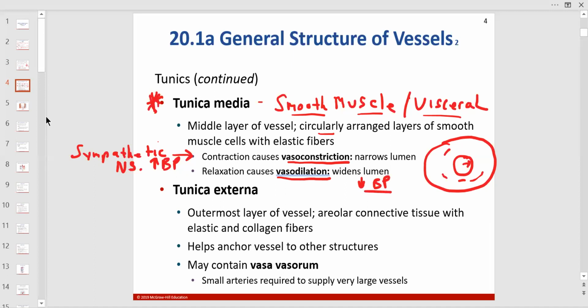in arteries and veins. Now, arterioles and venules are a little bit more about blood flow when it comes to constriction and dilation. So the outer part is called tunica externa, or sometimes they call that adventitia.